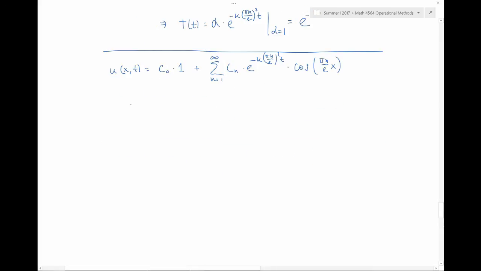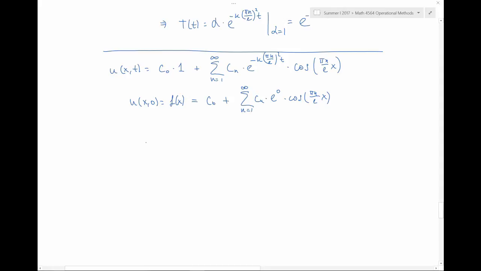We know that initially u(x,0) equals f(x), and that should be c0 plus the sum as n goes from 1 to infinity of cn times e to the 0 times cosine of pi n over L x. We can easily see that this is the same as the cosine series we derived some time ago for the function f(x).